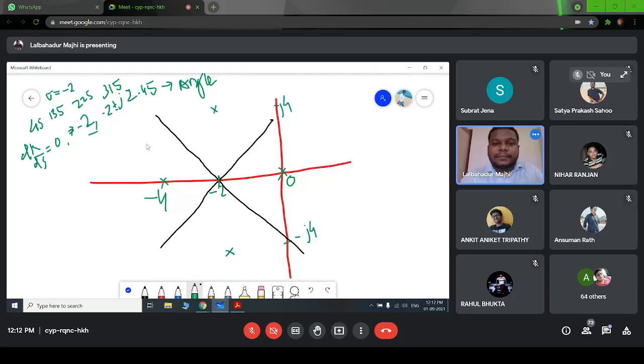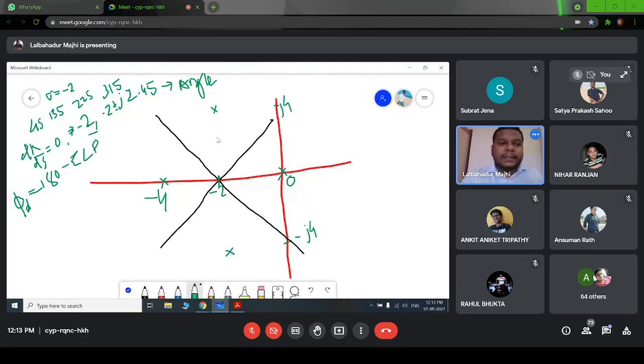Then we have to determine the angle of departure because we have this complex pole. So the angle of departure phi d is equal to 180 minus the summation of angle contributions by poles.